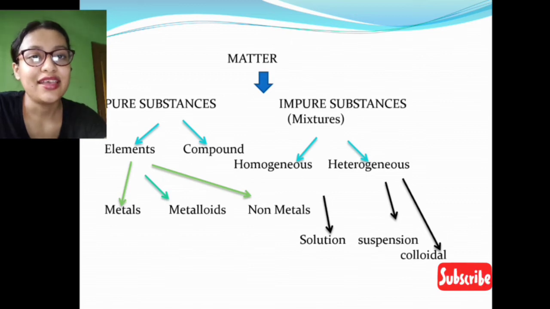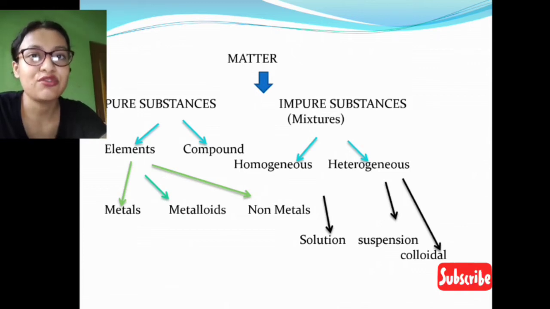So matter exists in two forms, that is pure substances and impure substances. Again, this is the flow chart. We'll discuss more about this one by one, but look at this flow chart here. Pure substances are divided into two things, that is elements and compounds. Elements are categorized as metals, metalloids and non-metals.